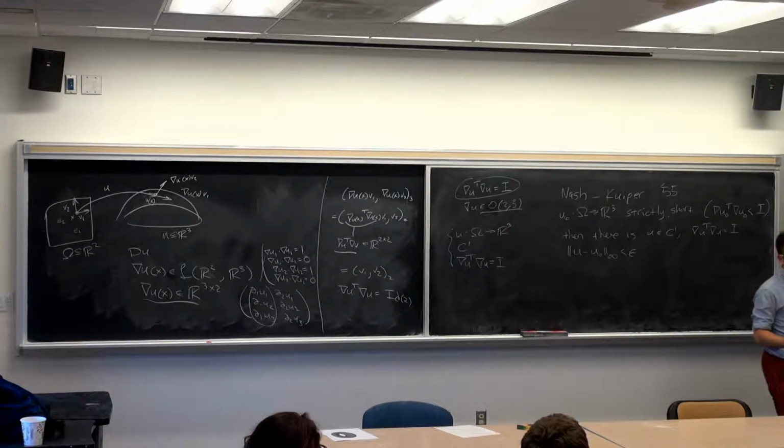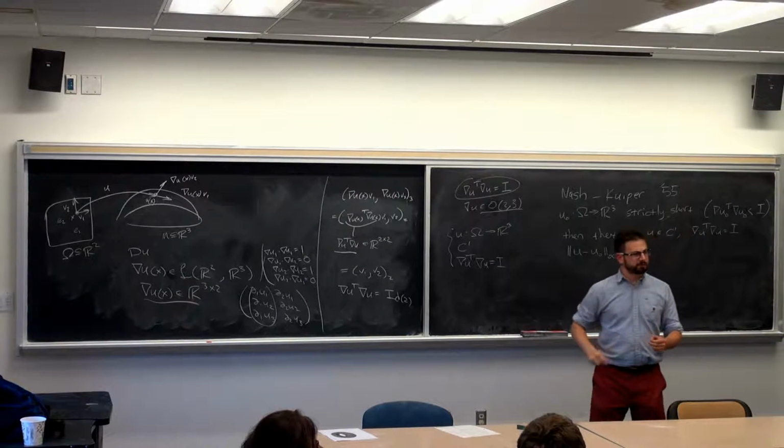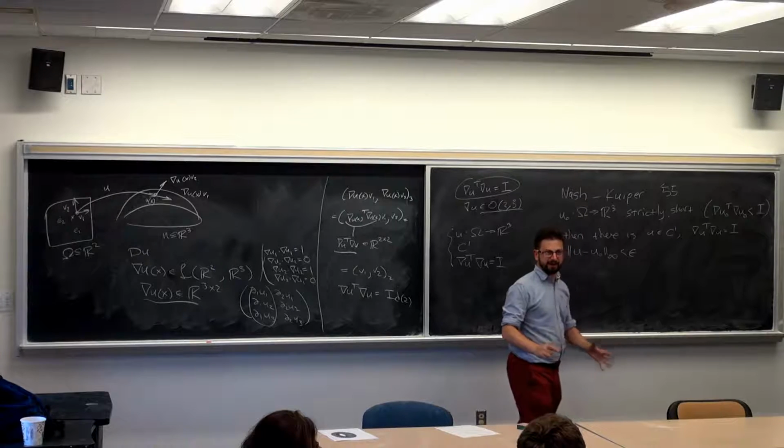Basically, I take any mapping that's strictly short, and I can find you a C1 isometry that's always within epsilon of it, for any epsilon.